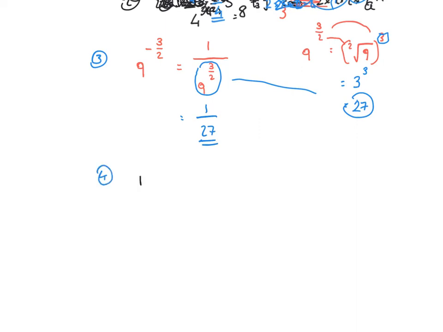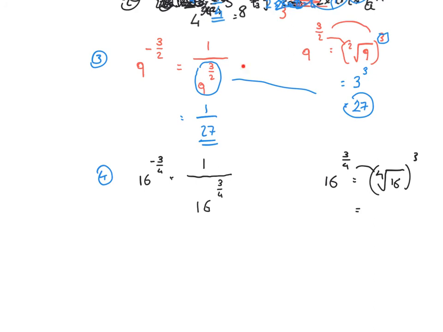Example 4. 16 to the power minus 3 over 4 can be written as 1 over 16 to the 3 over 4. Okay, 16 to 3 over 4, take it to the side, and that is the 4th root of 16 cubed. What's the 4th root of 16? Well, we could use a bit of trial and error on that one.